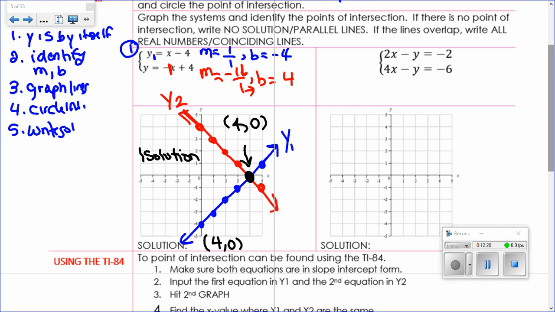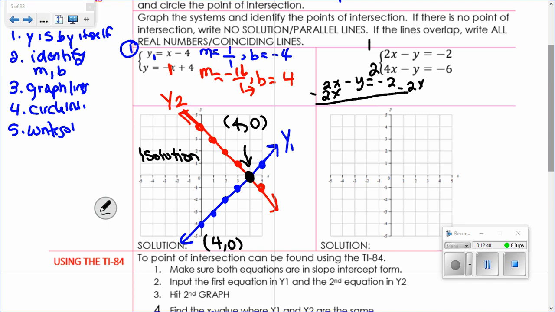Now for the next one, I'm going to label my equations. This is 1, this is 2. I'm going to solve for y for each one. So I have 2x minus y equals -2. I'm subtracting 2x on both sides.